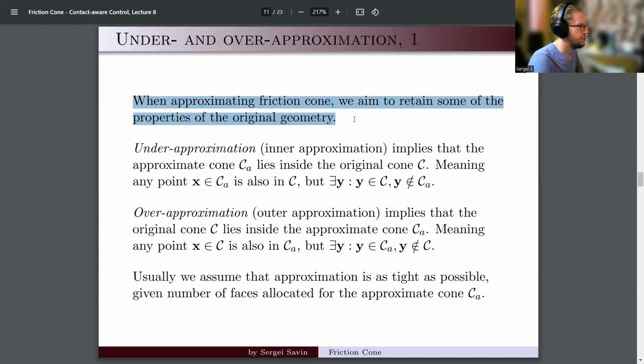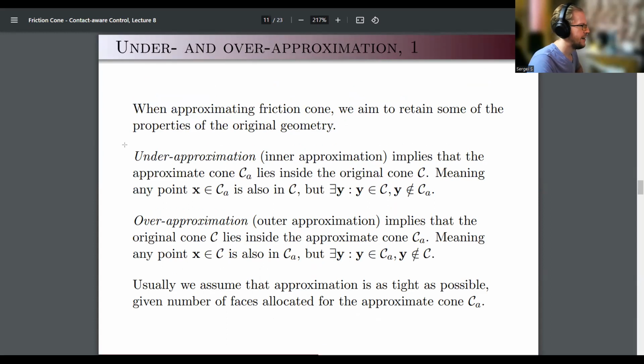Now, when approximating the friction cone, we want to retain some of the properties of the geometry. But we have to choose which ones we retain. So let's consider two possibilities. Under approximation, which is the same as inner approximation, implies that the approximate cone, CA, lies inside the original cone.